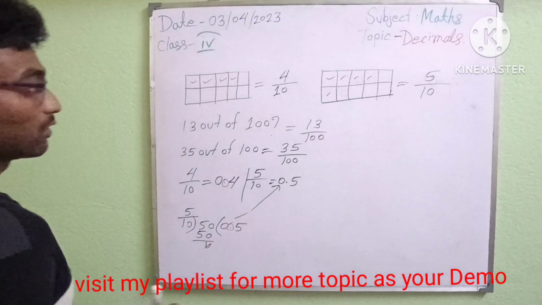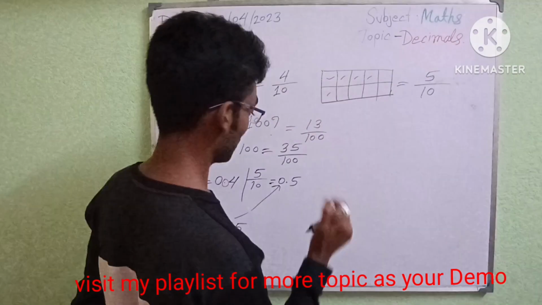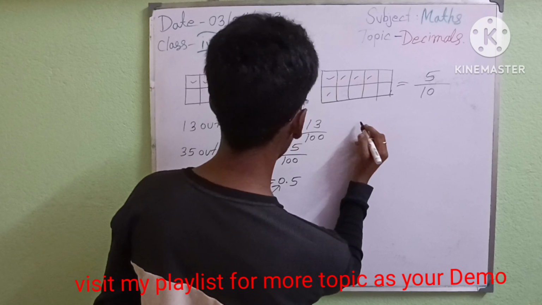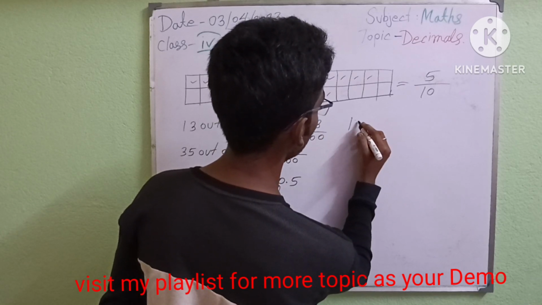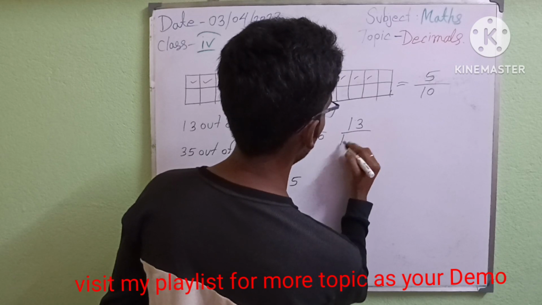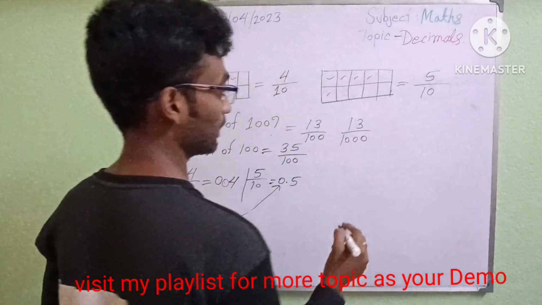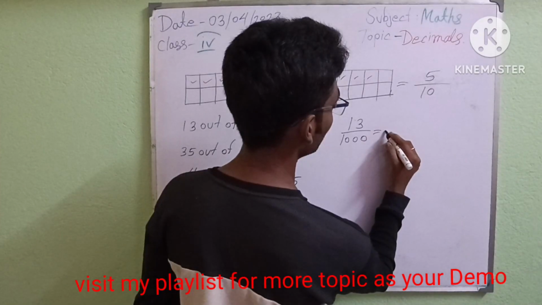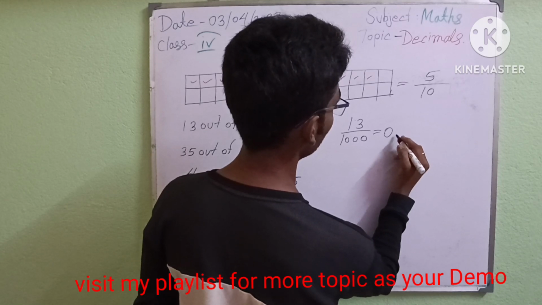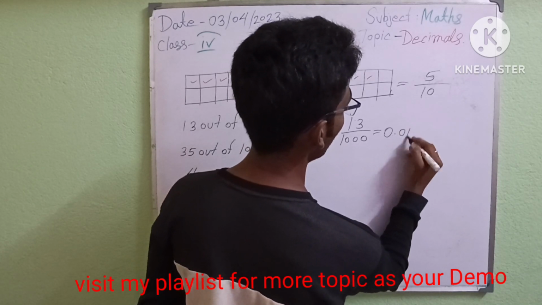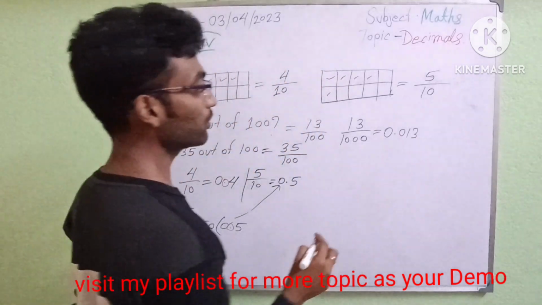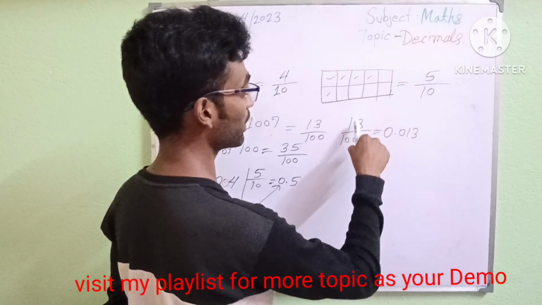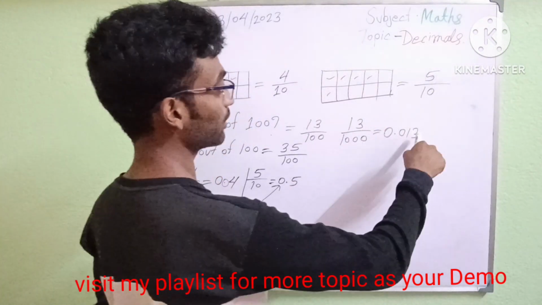Now look at another number. If we write 13 out of 1000, then how will we describe it? We can write it as 0.013. You may have a question why we are keeping 0 before the 13, because the numerator here is 13.